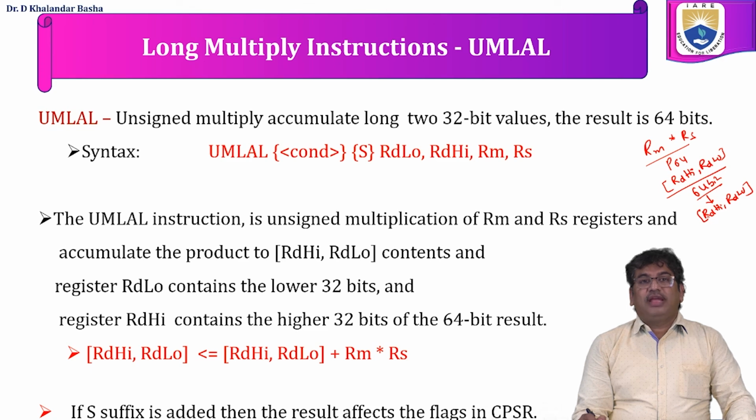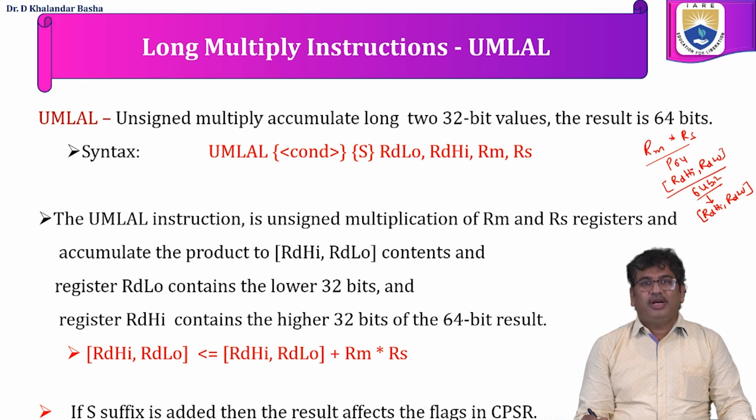The UMLAL instruction is an unsigned multiplication of RM and RS registers and accumulates the product to the previous results which exist in RDHI, RDLO contents, and the result obtained after accumulation is 64-bit.